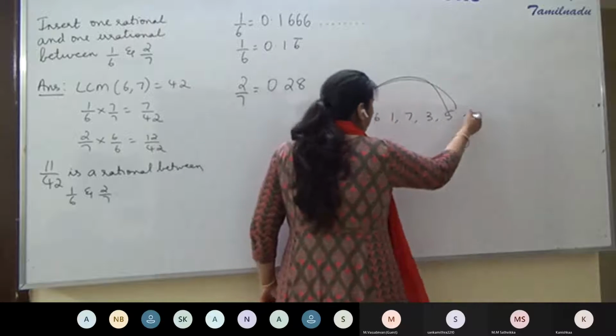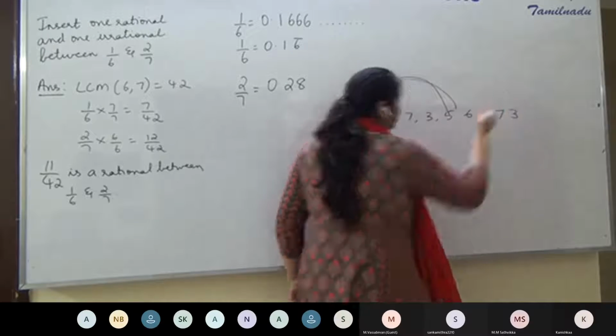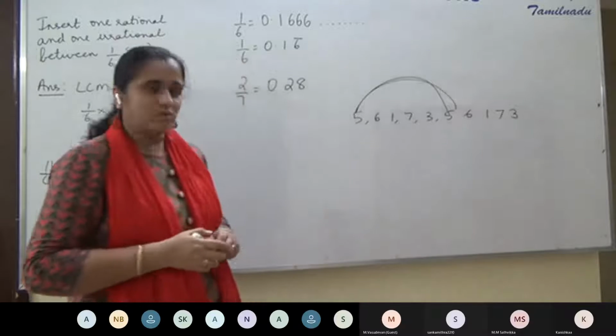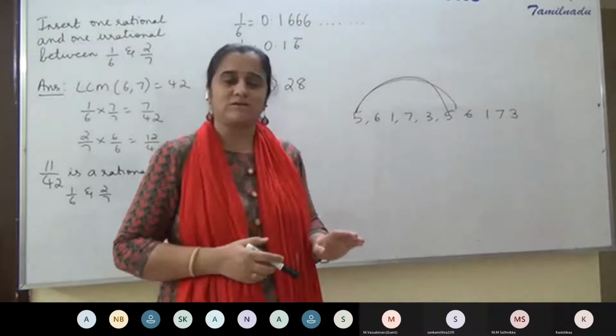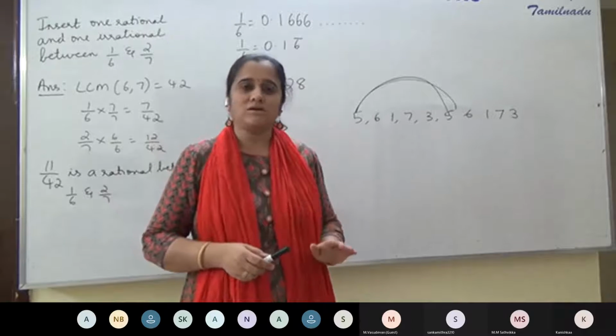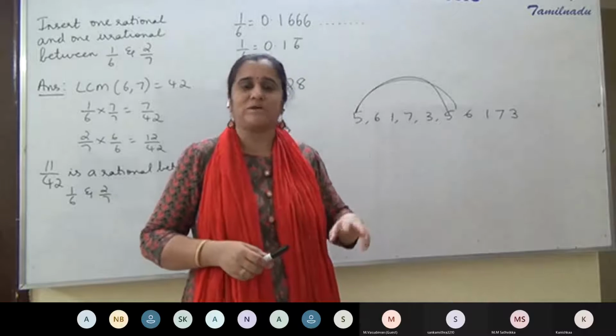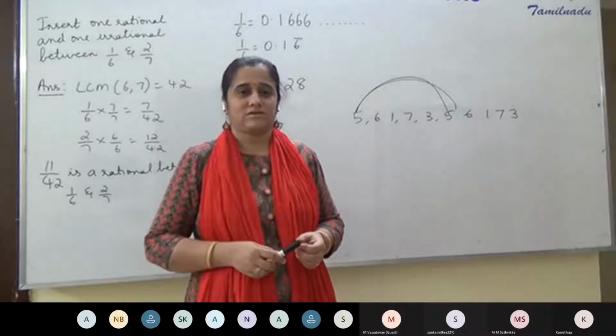You will get the same remainder 6 again, the same remainder 1, and then 7, and then 3. So this is the pattern. Either the division ends with a zero remainder, or if it does not, one remainder or a set of remainders will repeat themselves.